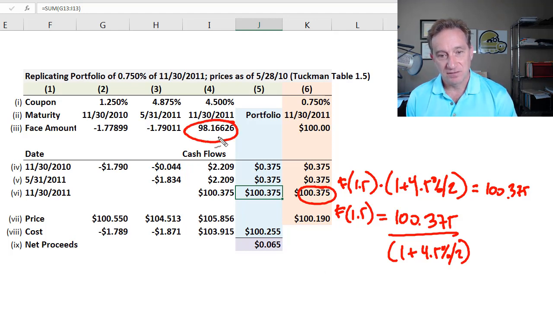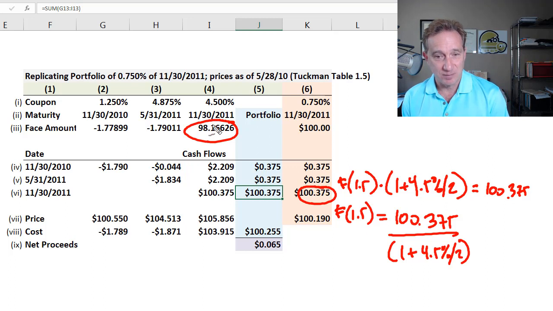And that solves for this amount right here. That's the face amount. And you can see intuitively, hopefully it makes sense, it's a little bit less than the face amount, right? If we bought the 100, we're going to get a little more than we need.